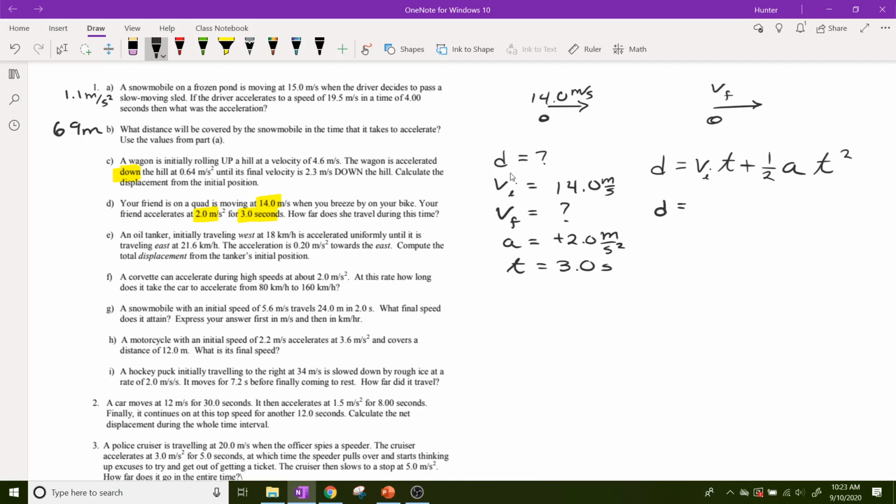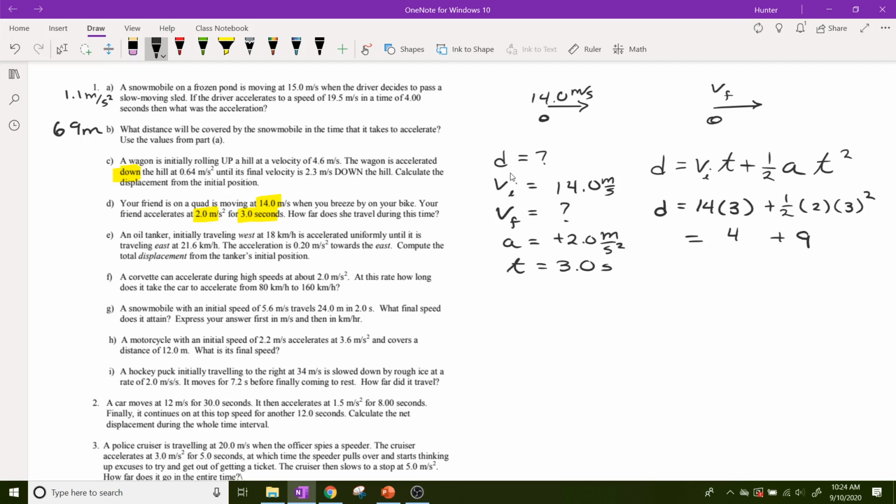So D is equal to 14 times 3 seconds plus 1/2 times 2 times 3 squared. Aside from 14 times 3, that one kind of scares me a little bit, but we'll be okay. 3 times 3 is 9. 9 times 2 is 18. 18 divided by 2 is 9, so it's plus 9 there. 14 times 3, what is that? 30, 40, 42?